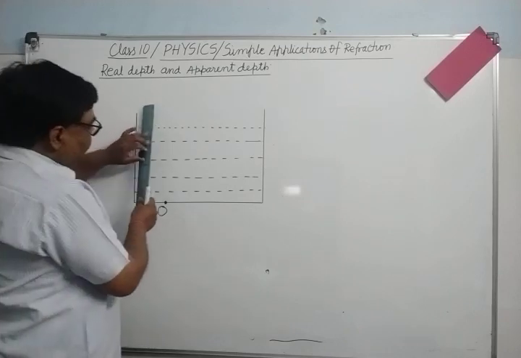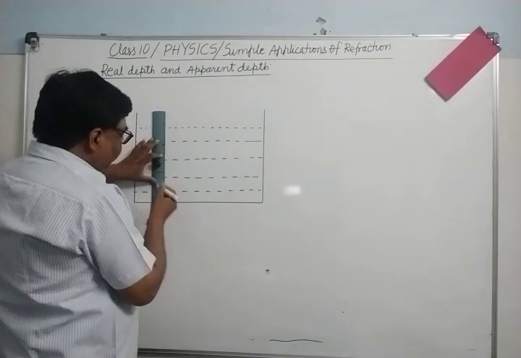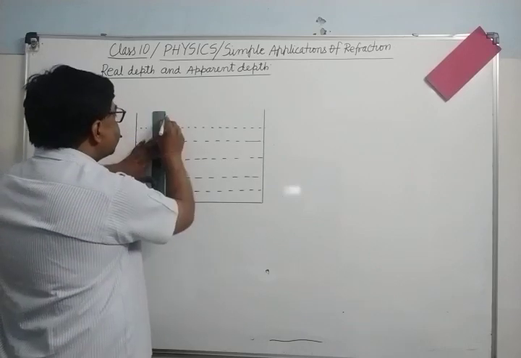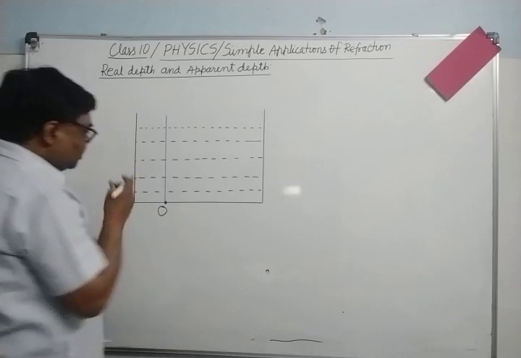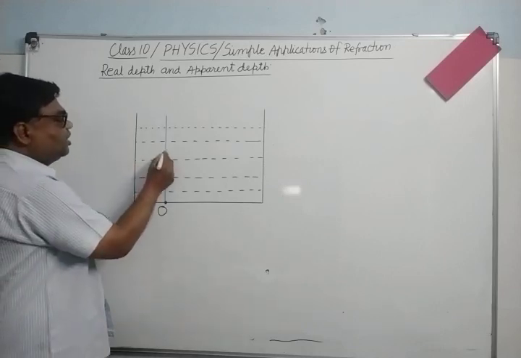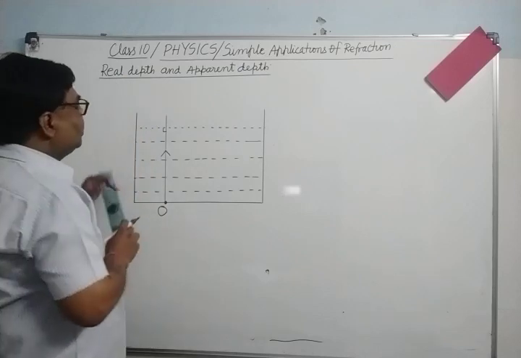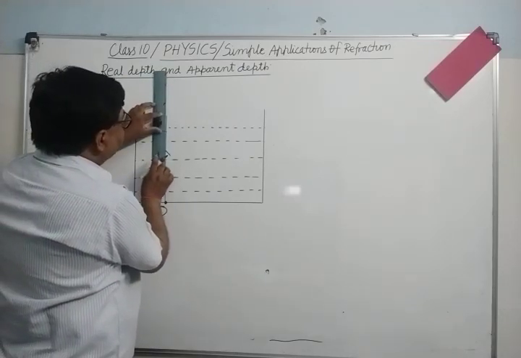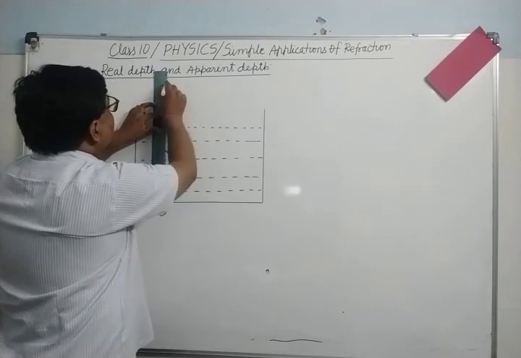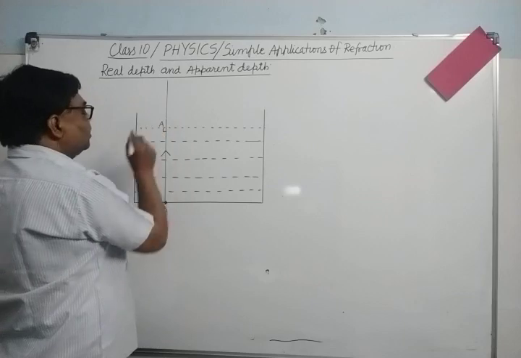Now see here, one ray is going this way. Since it is falling perpendicularly, it will pass straight without bending. This ray we can name as OA.